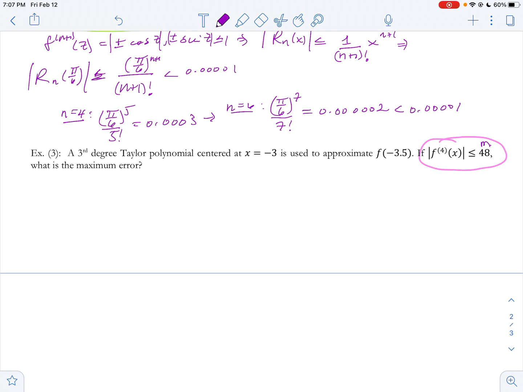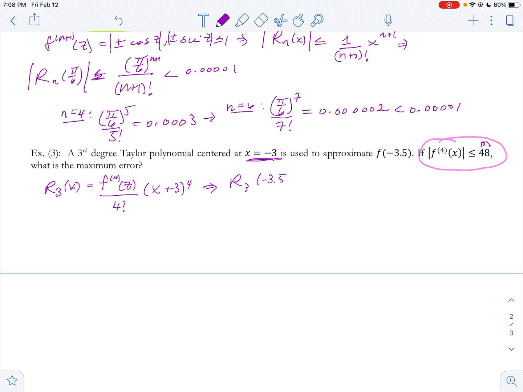Again, we're doing R sub 3 of x, and that's equal to f sub 4 of z over 4 factorial times x plus 3 to the 4th. It's x plus 3 because our center is at negative 3. Now we can plug in R sub 3 of negative 3.5.